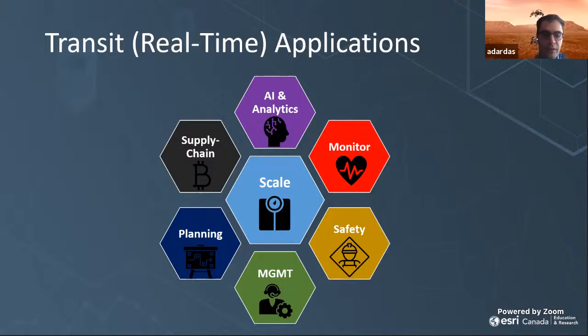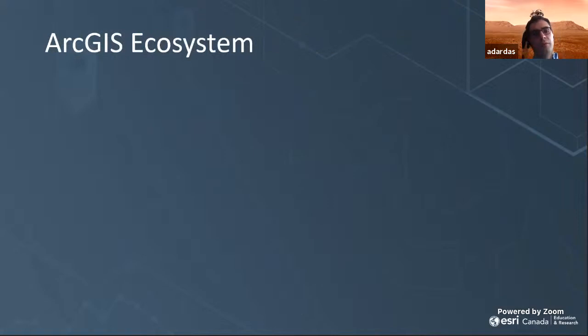So now that we've pretty much unfolded why GIS, or having the spatial dimension, is important, we need to have a system or a software to do that. And with that, we have ArcGIS, which is a huge platform that's, of course, developed by Esri, the leading geospatial software company.